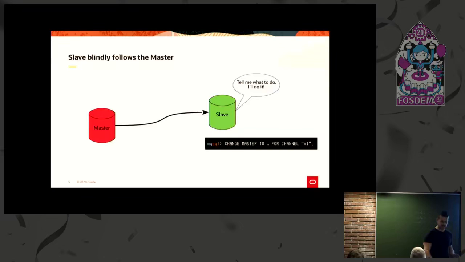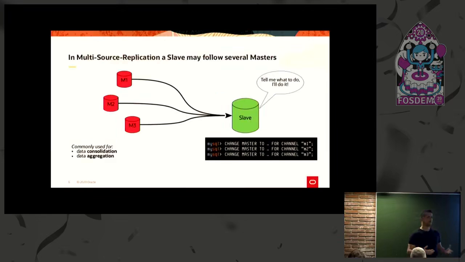This is fine in most cases, but after we added multi-source replication, we added a bunch of new use cases, like data aggregation or data consolidation. So we have a lot of data from different servers to be replicated into the same slave.